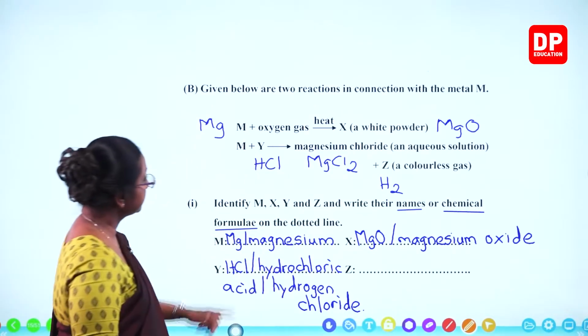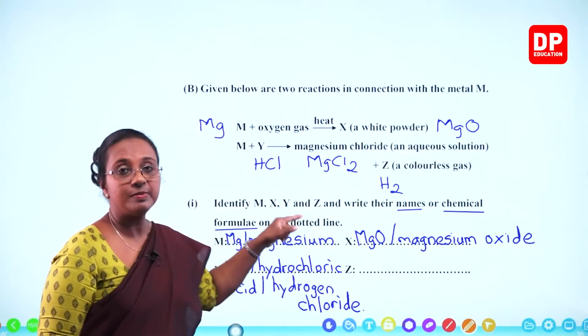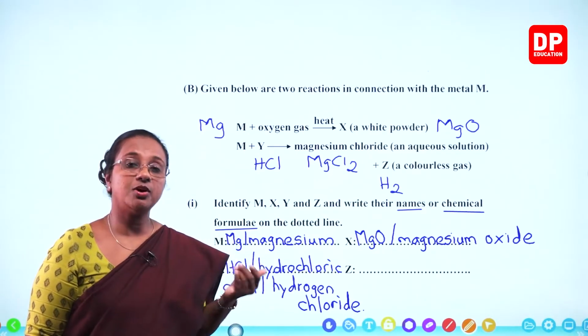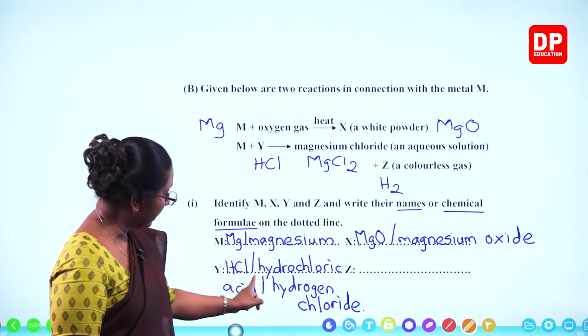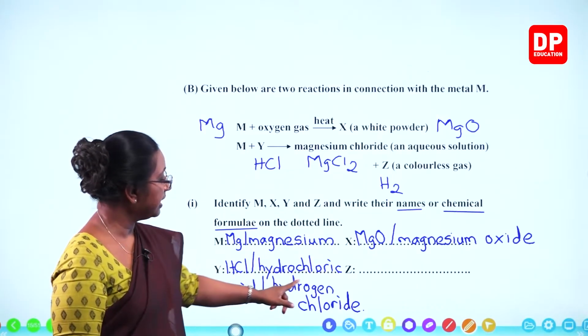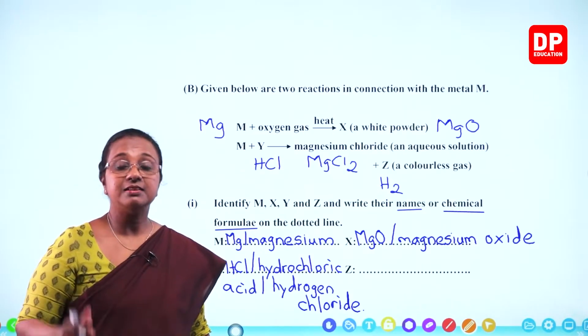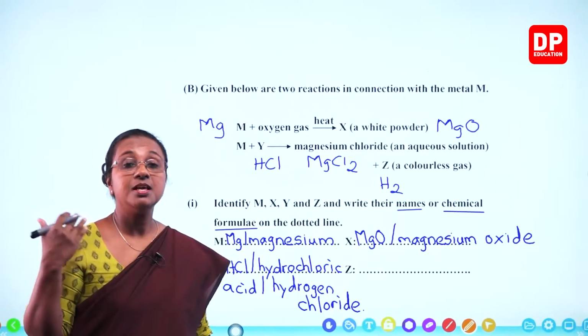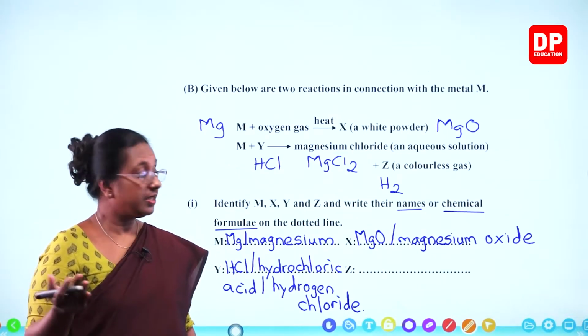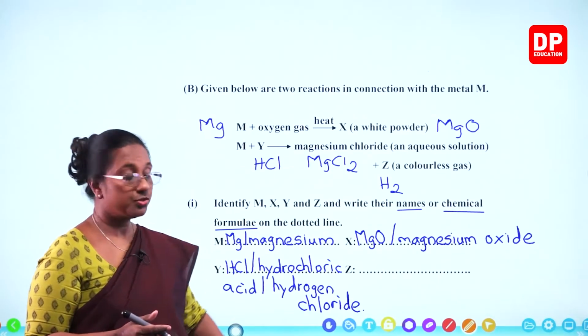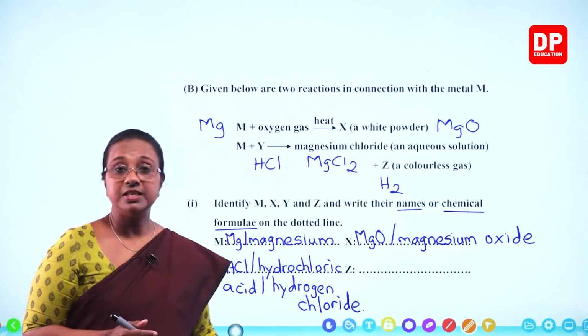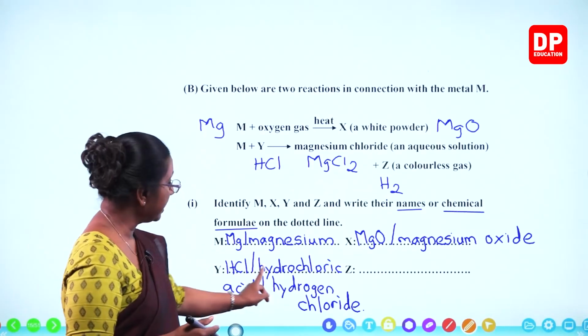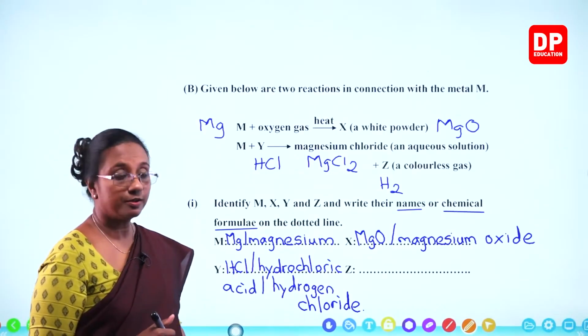Now here students, HCl, they haven't specified whether it's the aqueous state or the gaseous state. Usually aqueous is hydrochloric acid. If it is in the gaseous state or just HCl means, you can refer to it as hydrogen chloride. So you can write any one of these answers. HCl, hydrochloric acid or hydrogen chloride.